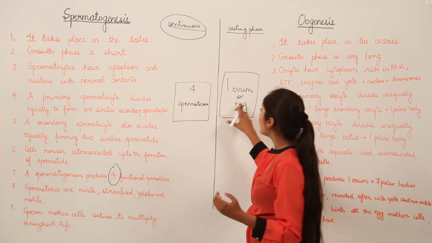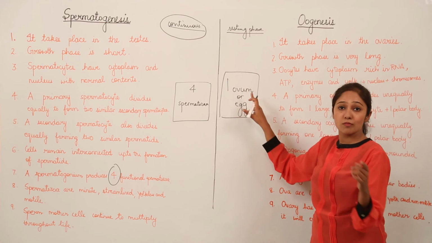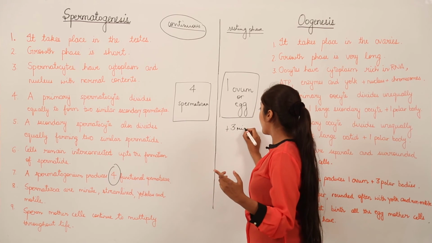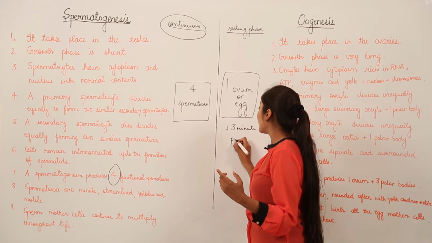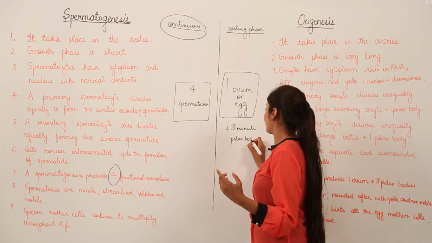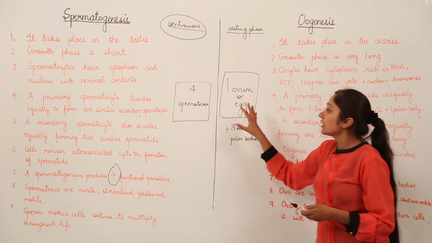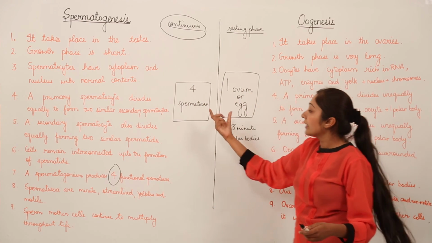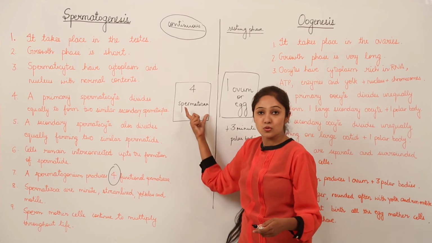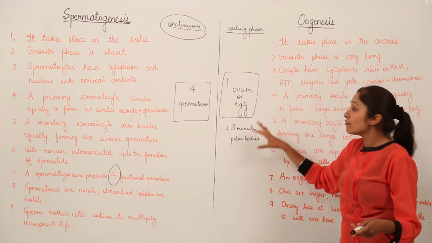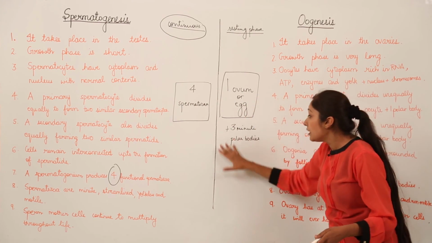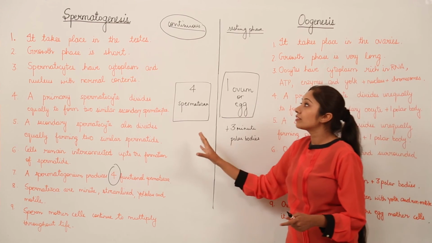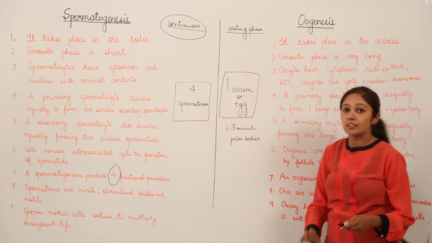In oogenesis we have only one ovum or egg plus 3 minute, very small polar bodies which are non-functional. So this is the end result of spermatogenesis and oogenesis. At the end we are going to have 4 spermatozoa in spermatogenesis, but in oogenesis one ovum or egg with 3 minute non-functional polar bodies. I hope that these points of difference between spermatogenesis and oogenesis are now very clear to you.